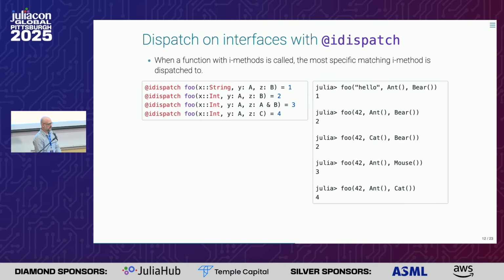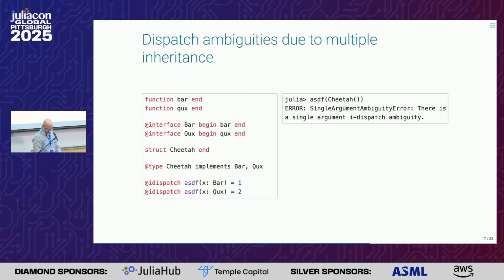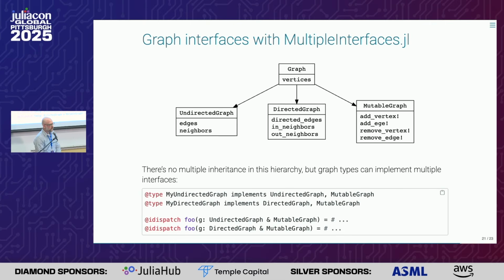Hi, thank you very much for the talk. Can you go back to slide 21, please? I have a question. You've been discussing inheritance of interfaces, but what about the variables? Here, graph defines the variable vertices, but the subclasses, the subtypes, don't have vertices because you cannot inherit variables.